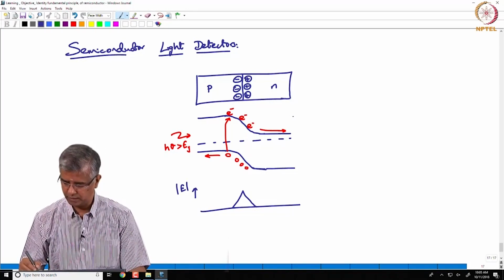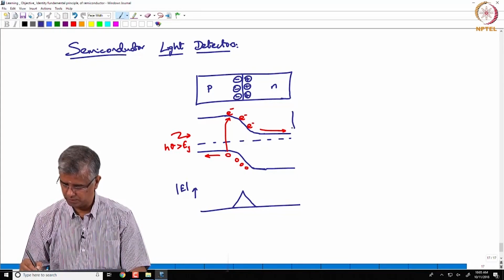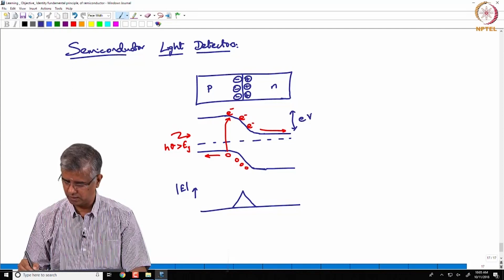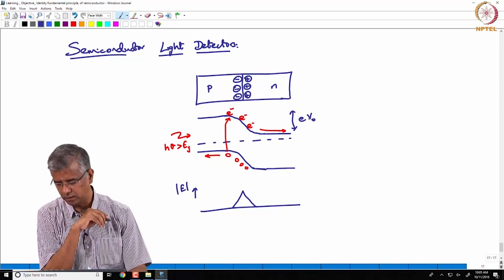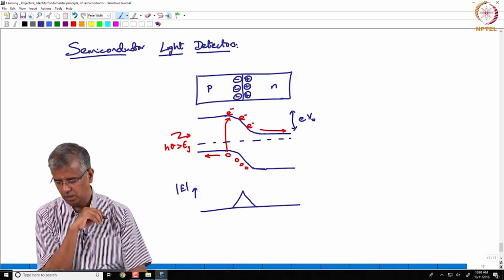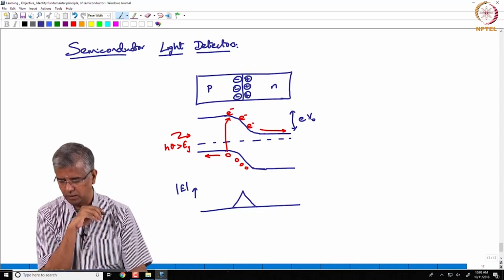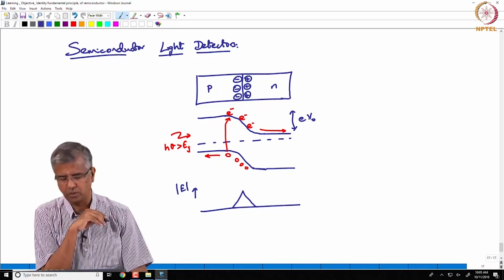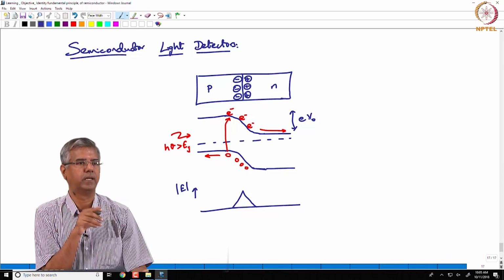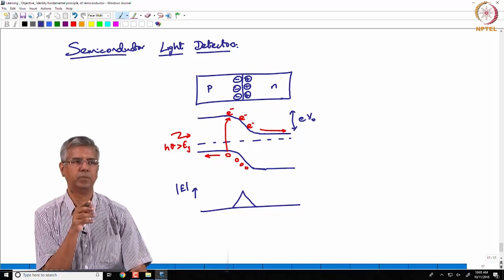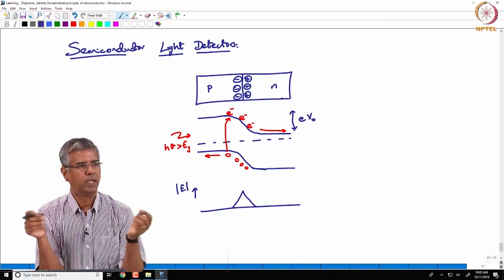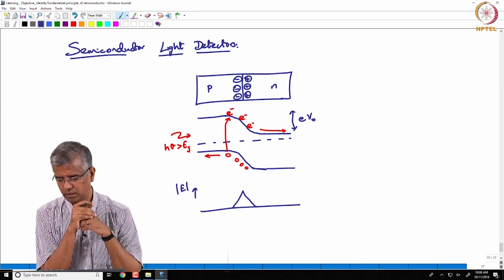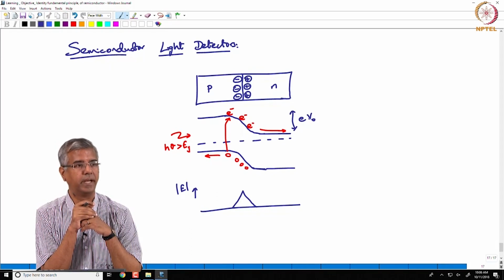And that electric field also is represented over here as E times V naught, right. That's basically a barrier that's built in there, which prevents just diffusion of electron hole pairs without any external illumination, right. Without any external illumination, it is all at equilibrium. So, there is no transfer of charges across that barrier, right.